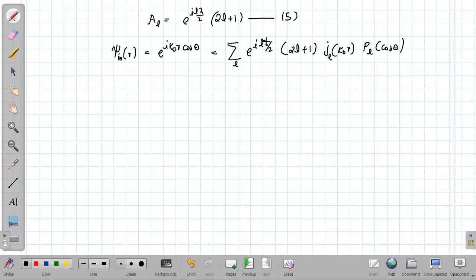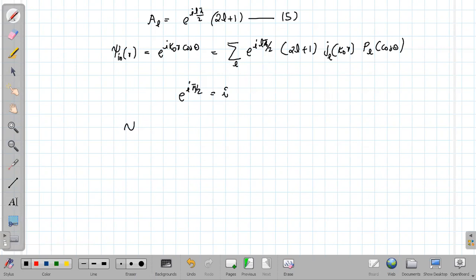Now what is e raised to i L pi by 2? e raised to i pi by 2 is cos pi by 2 plus i sin pi by 2, so it is simply i.